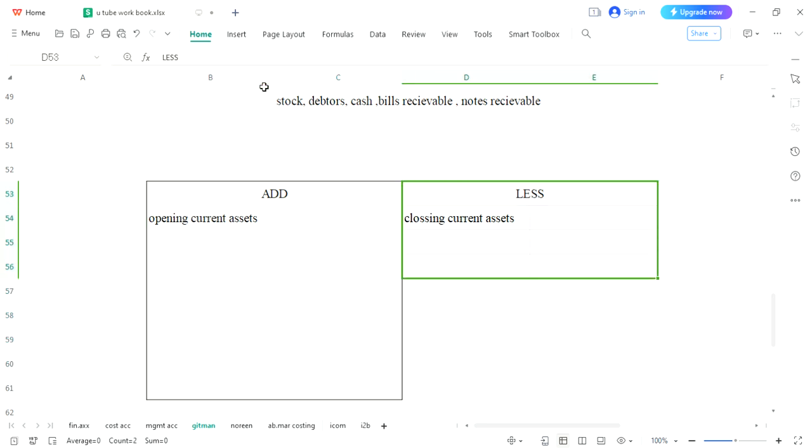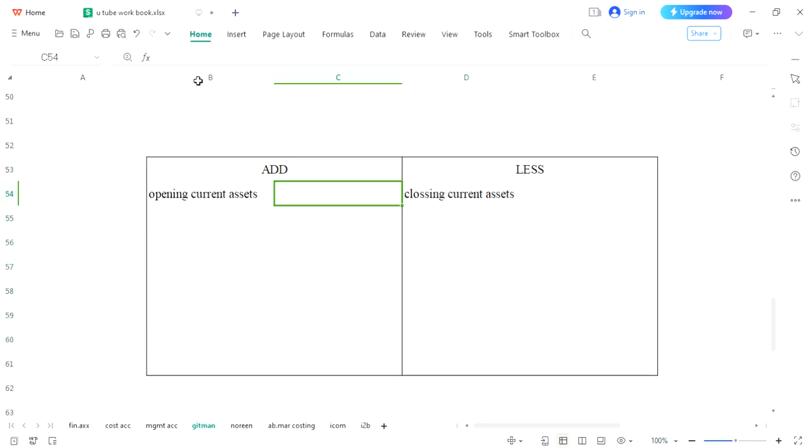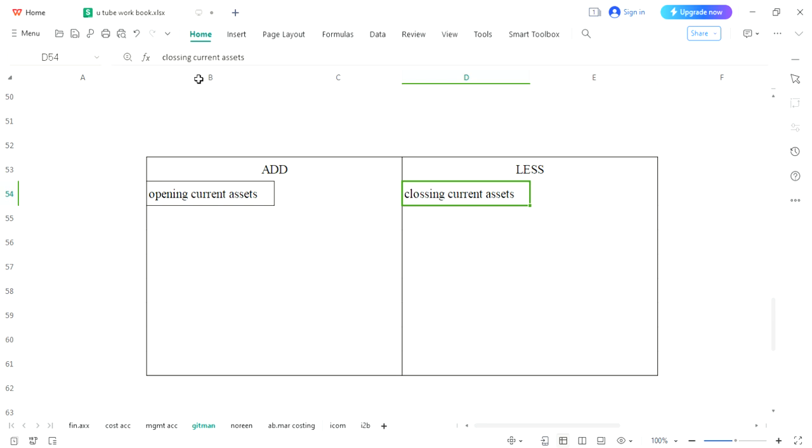And a few things we will subtract. Two things, two elements we have decided: what to add and what to less. The first of these is opening assets. We are putting the same structure over here. And secondly, we have decided closing current assets.